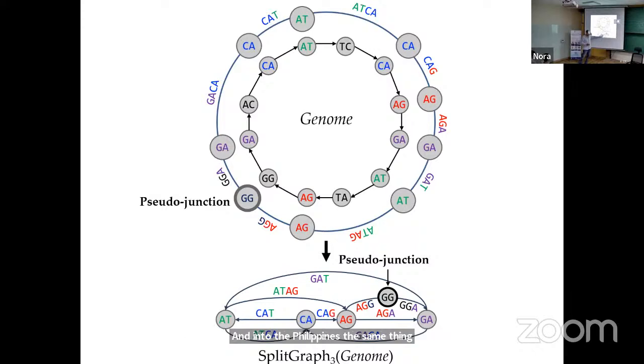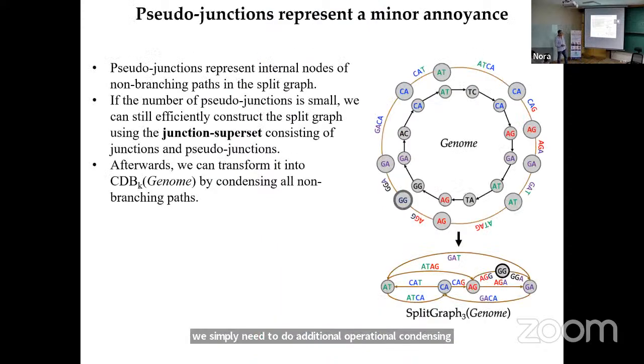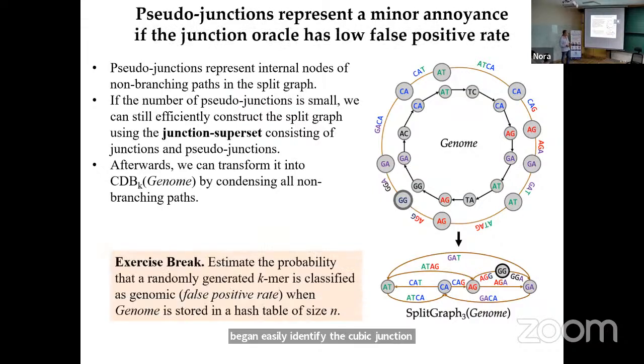We simply need to do the additional operation of condensing non-branching paths in this graph. And therefore, we can easily identify this pseudo junction and get rid of it. Therefore, what I'm trying to say is that pseudo junctions represent just a minor annoyance if the junction oracle has a low false positive rate. Make sense?